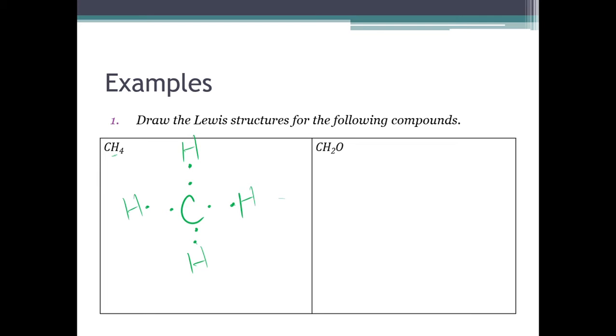Step 3 says to use a single electron from 2 different atoms to form a bond. So we have to connect each of our atoms together using our bonds. So we can use this electron and this electron to form a bond between this hydrogen and this carbon. So we can sort of connect these into a line to show this is a bond here.